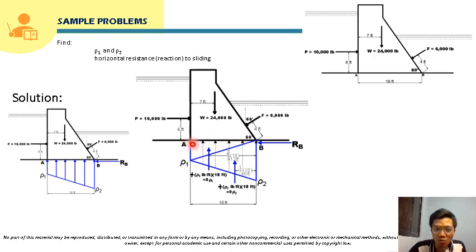Its area will be 1/2 times its base, which is 18 feet, and its height is rho 1.